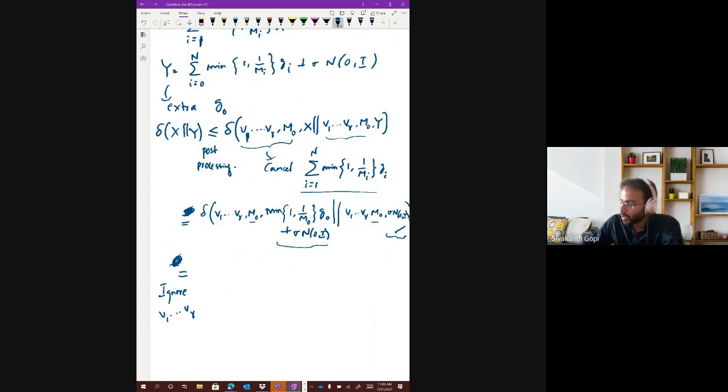Even though M0 depends on all the V1 to VR, since the adversary already knows M0, the adversary does not need to use V1 to VR anymore. So it's irrelevant. You can prove a formal lemma like that. I will not bore you with the details, but intuitively it's clear that these are useless for the adversary to distinguish, so you can just ignore them.